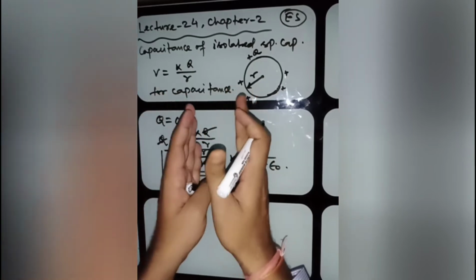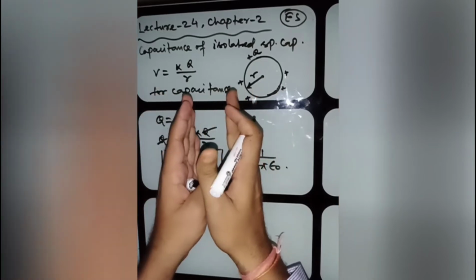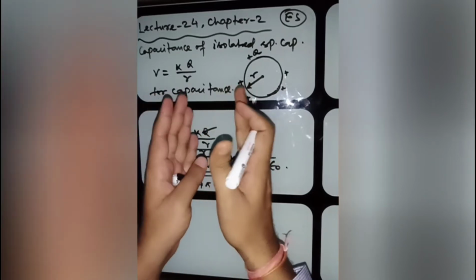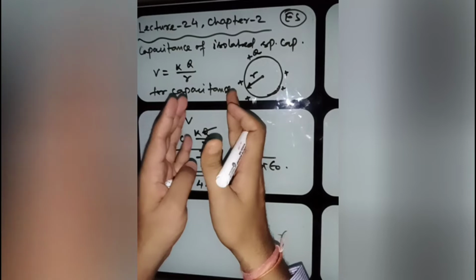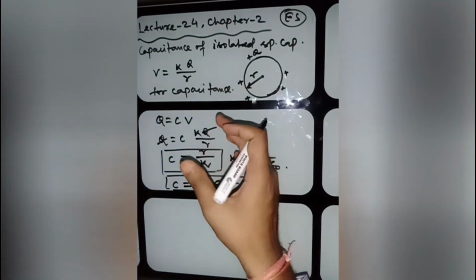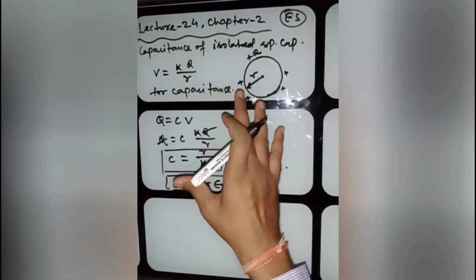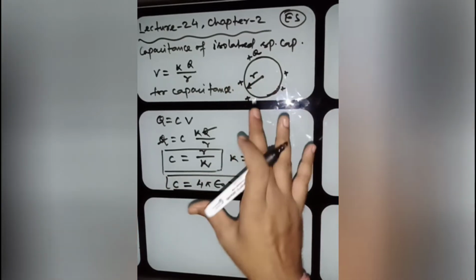Of course, it is filled with the dielectric so that they cannot meet each other, but there must be some force. We are going to find out what will be the force between the two plates. The question will be: find the mathematical derivation for the force between two plates of a parallel plate capacitor.